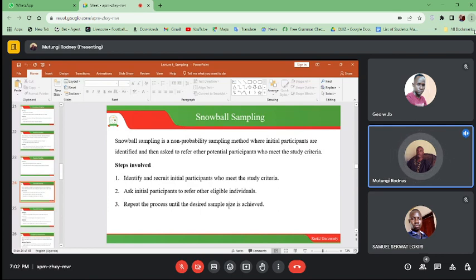So you ask these initial participants, yes, you received these seedlings which are improved so that you can tackle malnutrition in your household. Which other people received the same seedlings? Okay, if you do not have that information, you can ask those people, and then they'll tell you, you got my neighbor, they also received the same seedlings.